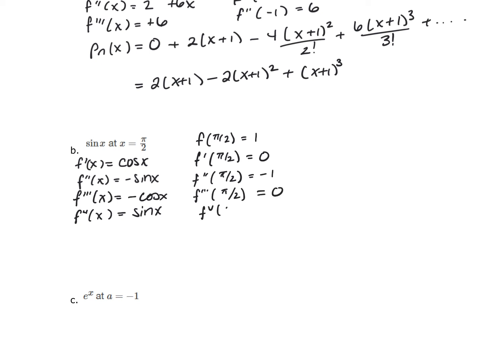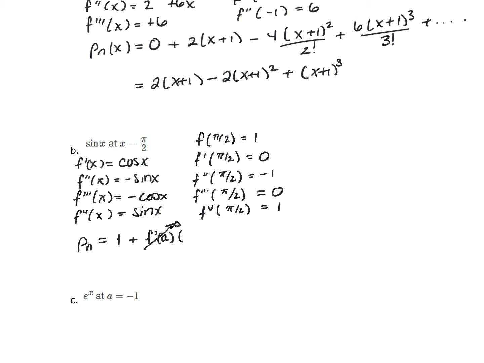The fourth derivative of pi over 2 is going to give me back positive 1. So p sub n is equal to my f of a, which is 1, and then plus my f prime of a is going to go to 0.